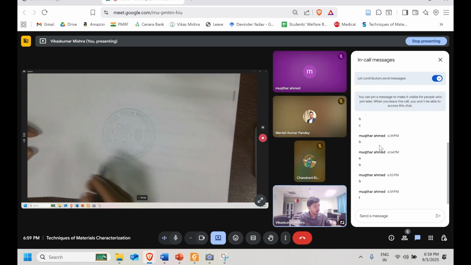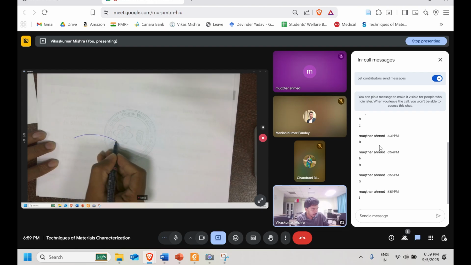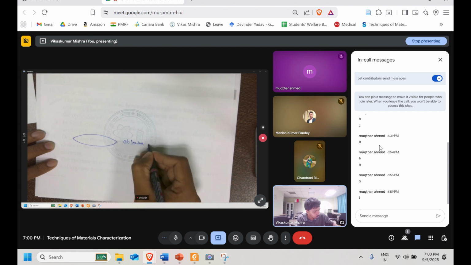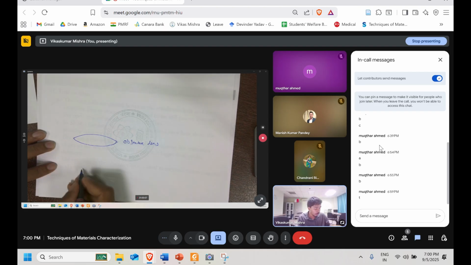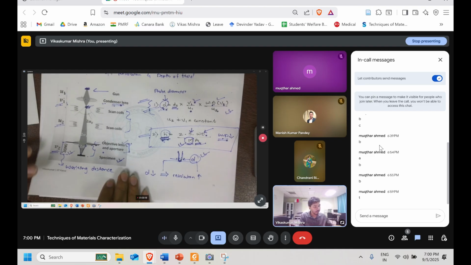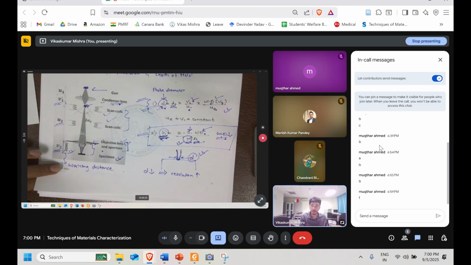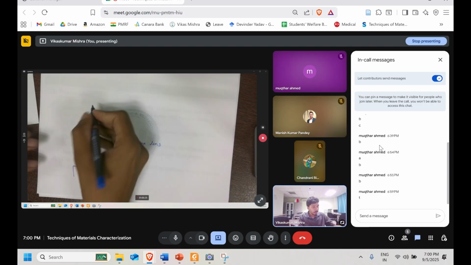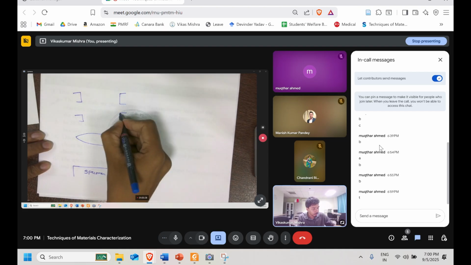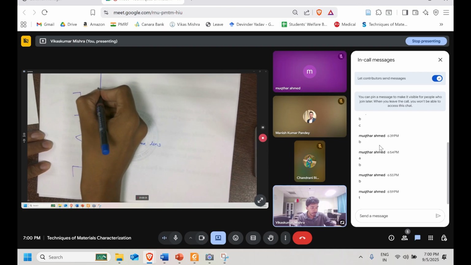Let us say I am drawing the lenses like this. This is the objective lens. This is your specimen. Now in this particular image, we saw there are two coils, scanning coil 1 and scanning coil 2. Let's say this is coil 1 and this is coil 2. This is the electron beam which is coming.